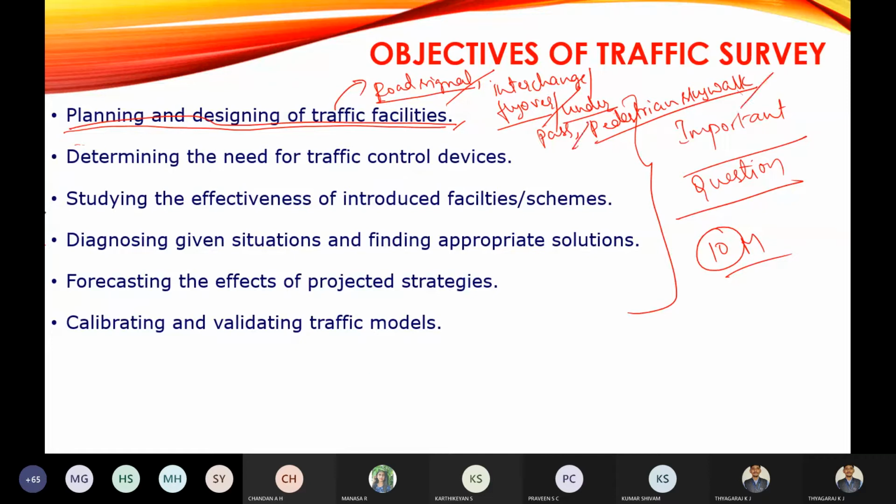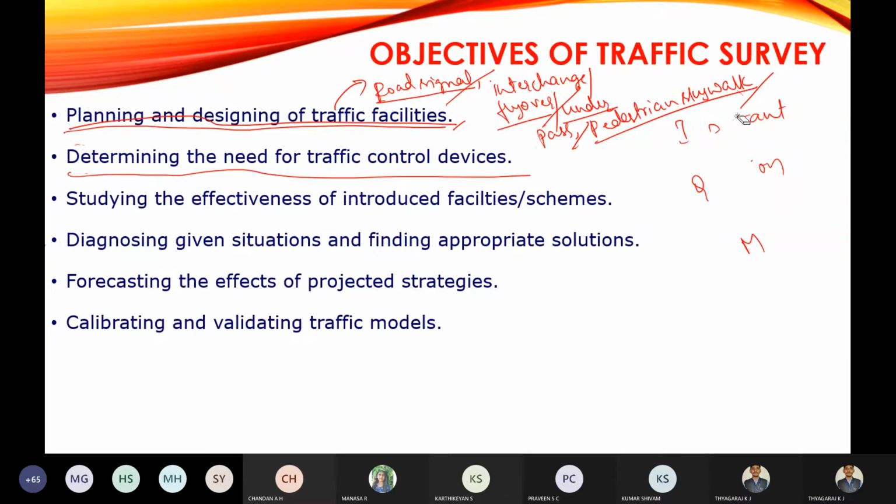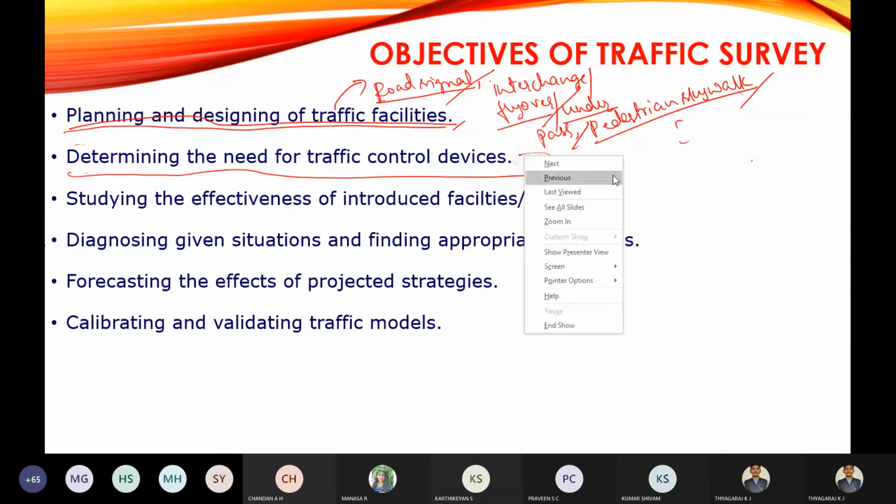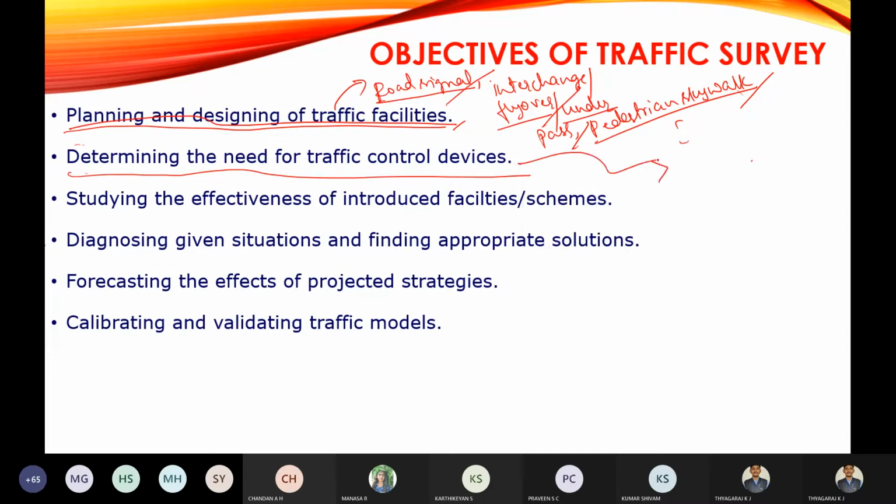Then determining the need for traffic control devices. There are 3 traffic control devices, very important. So determining the necessity of traffic control devices, which are those? One is traffic signal. So it is necessary for traffic signal. Then traffic signs.